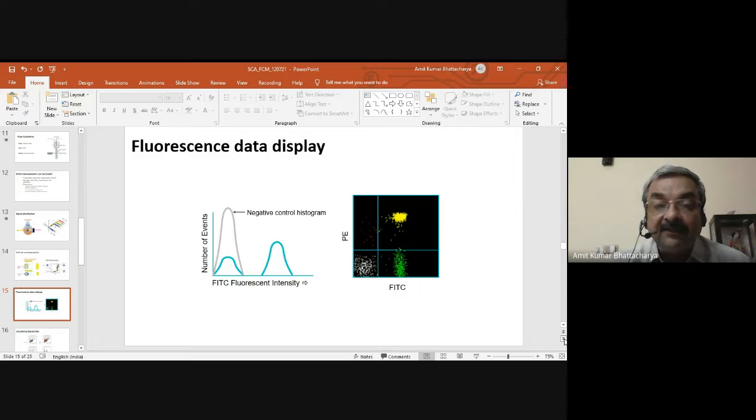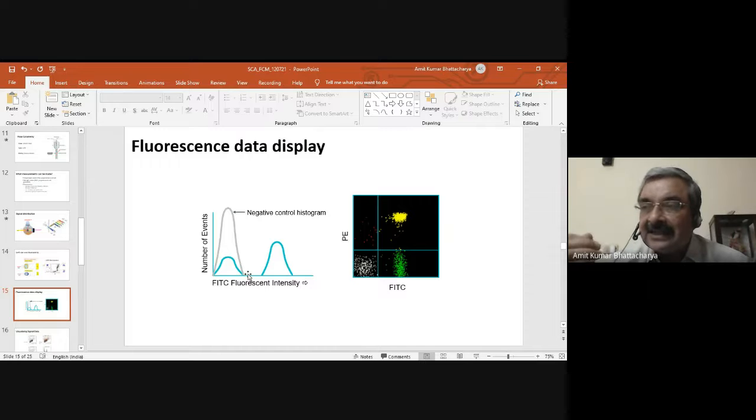Now, the very same particles can also be fluorescent, and the way you look at fluorescence inside the cell is this.